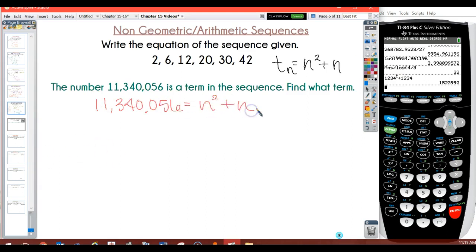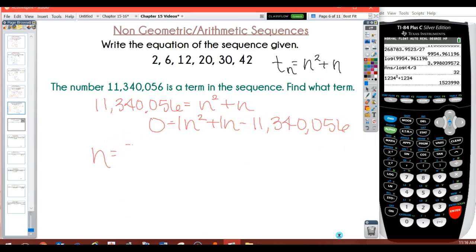So again, this looks like a quadratic, so we're going to solve it like a quadratic. And so I'm first going to subtract over this term to get everything to one side. And you could try and factor it, but since this is such a large number, I'm going to go ahead and jump right to the quadratic formula. So our a is 1, our b is 1, and our c is this negative 11 million number.